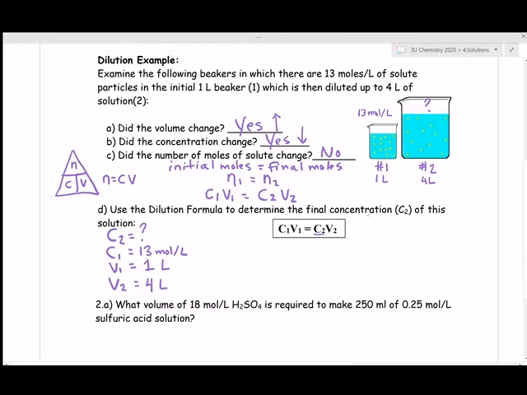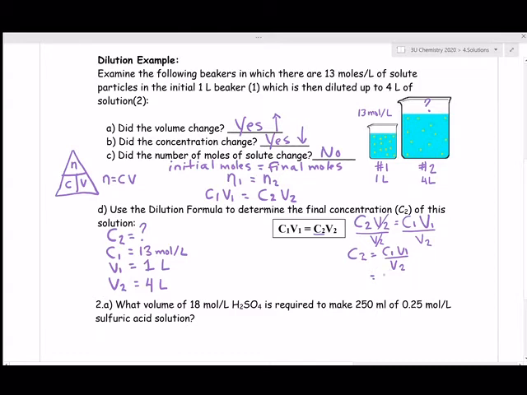So essentially, and I can write this the other way too, which I'm going to do just so that we end up with C2 on the left side, which is where I like to see it. Okay, so if we divide both sides by V2, that's how you get rid of it. So C2 is equal to C1 V1 over V2. Okay, and now we're going to plug in.